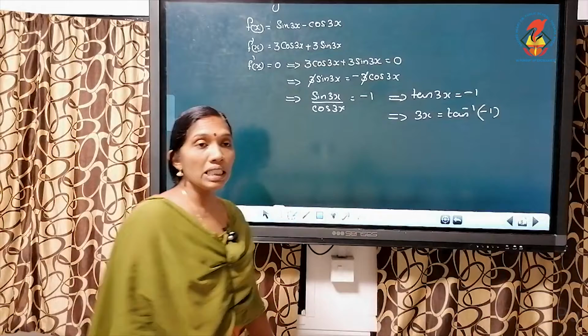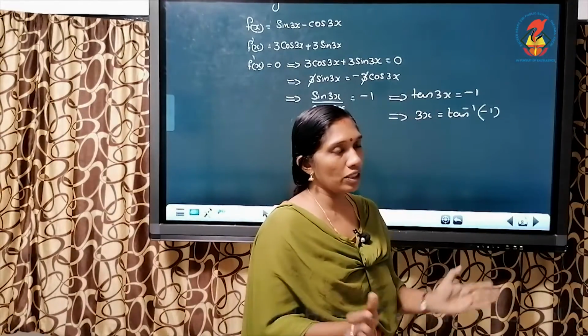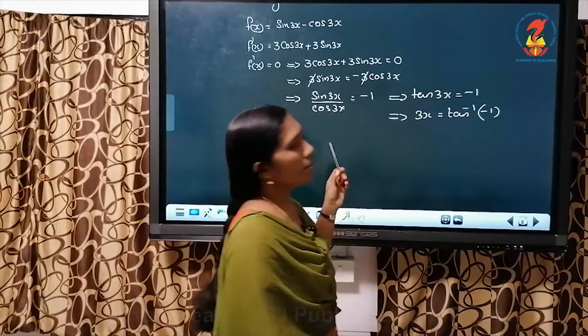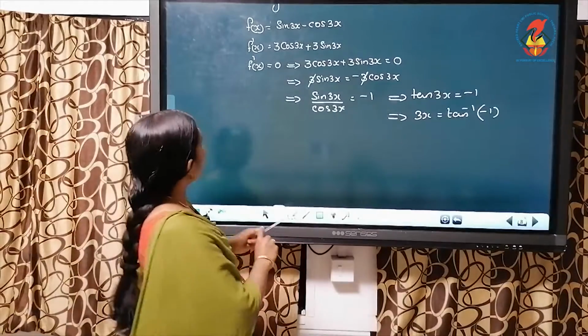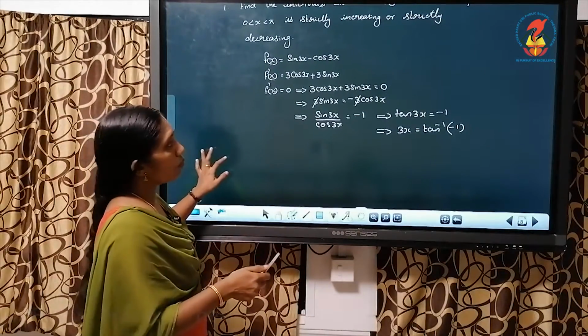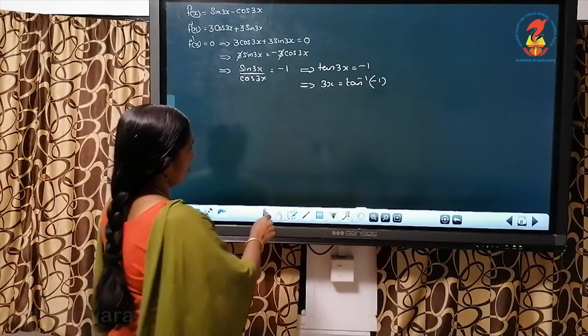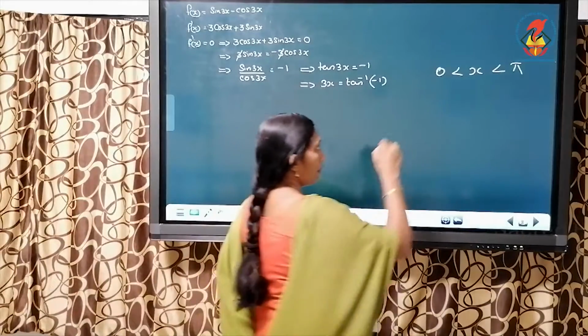We have to find the interval. So we need to find what is x, then only we can divide into disjoint subintervals. So tan 3x is minus 1 means 3x is equal to tan inverse minus 1. Now the x value is given, that is in the interval 0 to pi. Zero less than x less than pi. Here we have 3x, multiply by 3.